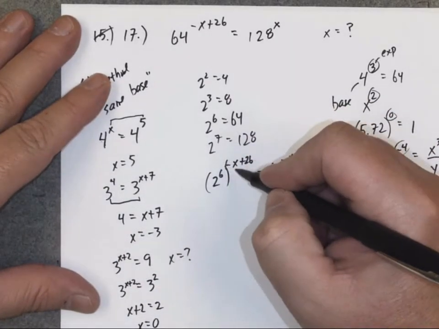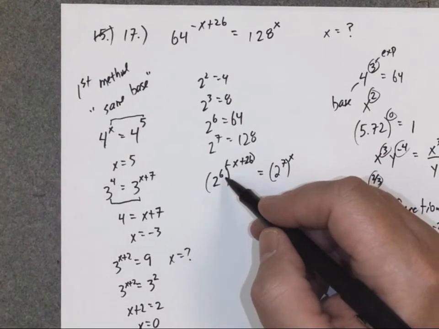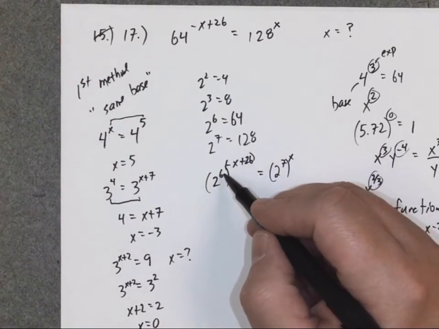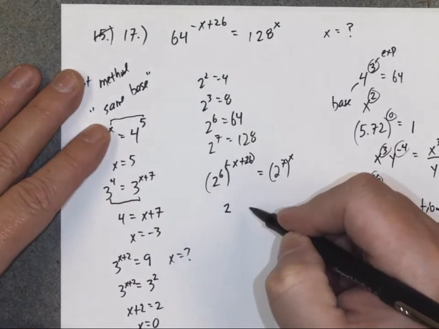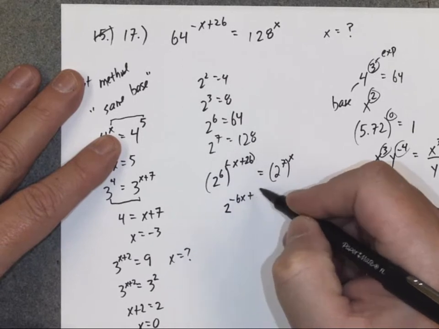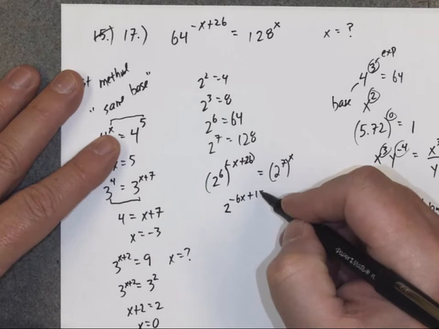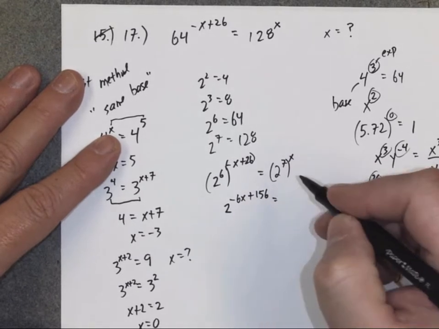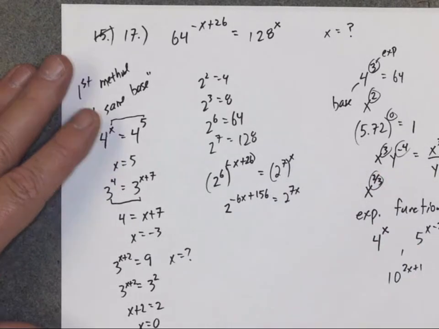So in a sense, what I need to do is here, I need to multiply 6 by negative x, and then 6 by 26. And I end up having 2 to the negative 6x plus, if I do this in my head, 120, I think it's 156. Here, 2 to the 7th to the x, 2 to the 7x.